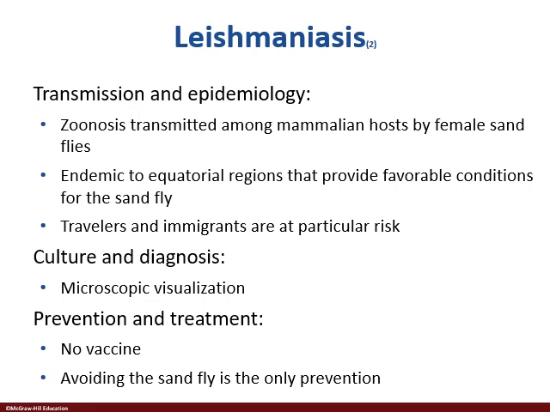However you get it, whichever one you're getting, transmission is going to be due to sand flies. Sand flies are going to be more in equatorial areas. Tropic of Cancer, Tropic of Capricorn, all the way around the world.